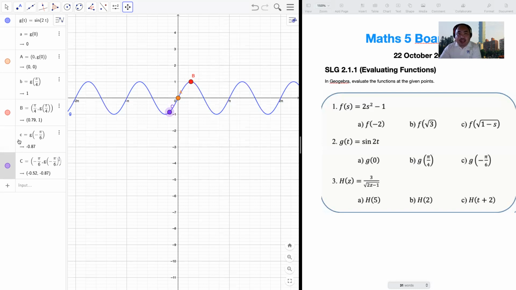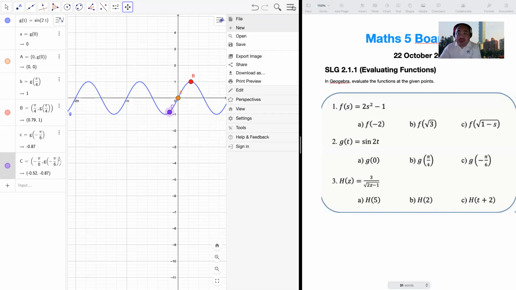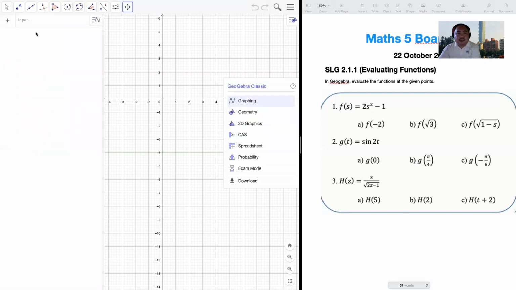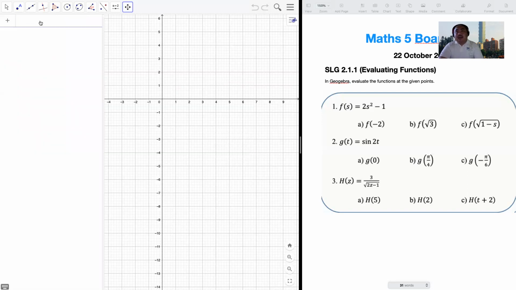How about the last function? Can we use GeoGebra to evaluate this last function? Let's see.